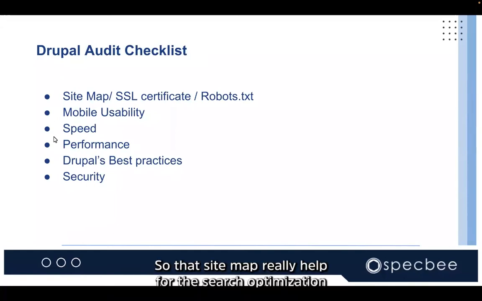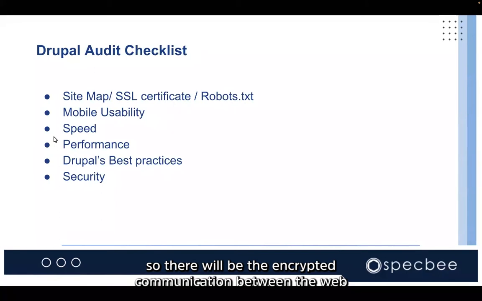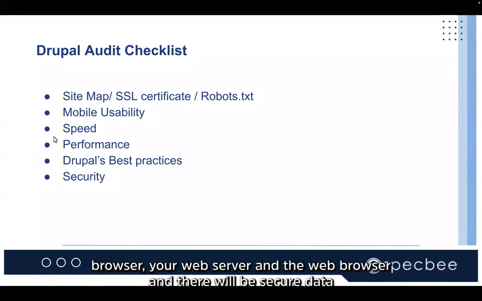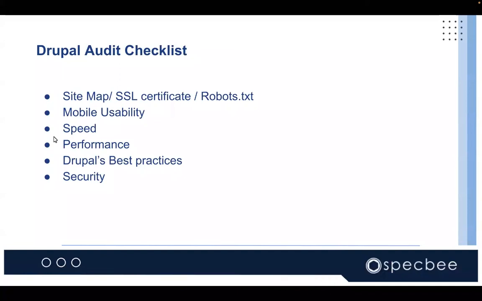So the sitemap really helps for search optimization. Then there's an SSL certificate, which gives encrypted communication between the web browser and your web server, so there will be secure data and no data loss when we are browsing our website.